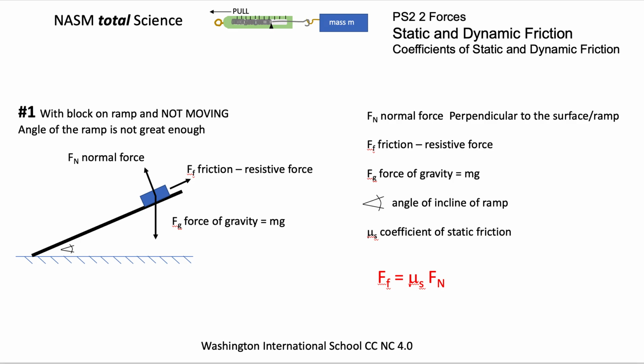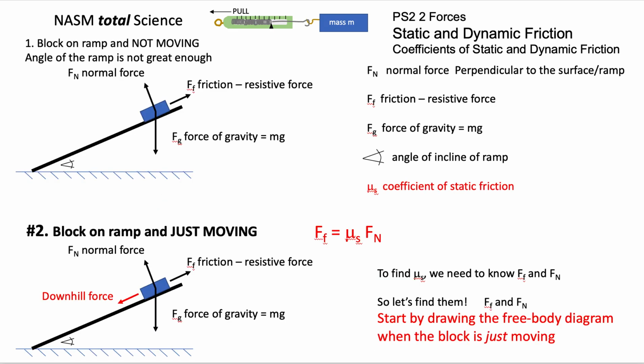And look at the variables here, and in red we've got the force of friction equals the coefficient of static friction mu s, and then the normal force Fn. If we look at the second diagram here, as you lift the ramp, it just starts to move, and that's where you will do your measurement to get the angle.